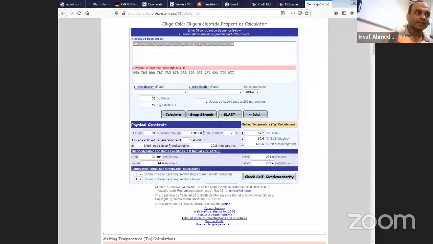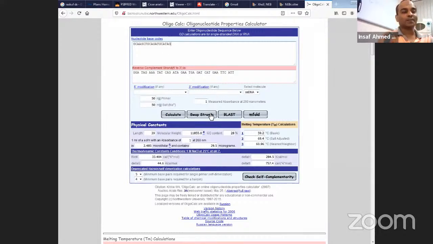Reverse primer, how will you get it? You take again 20 or 22 base pairs from the 3 prime end of your gene of interest, and then go here, and after putting it here, you have to swap the strand.